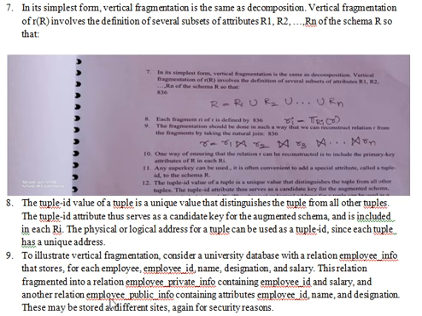Another relation, employee_public_info, contains the attributes employee_ID, name and designation. These may be stored at different sites for security reasons. If they are private employees, then they are stored at a different site, and public, meaning permanent employees, their information is stored at a different site for security reasons. This is nothing but vertical fragmentation. I think you people understood.